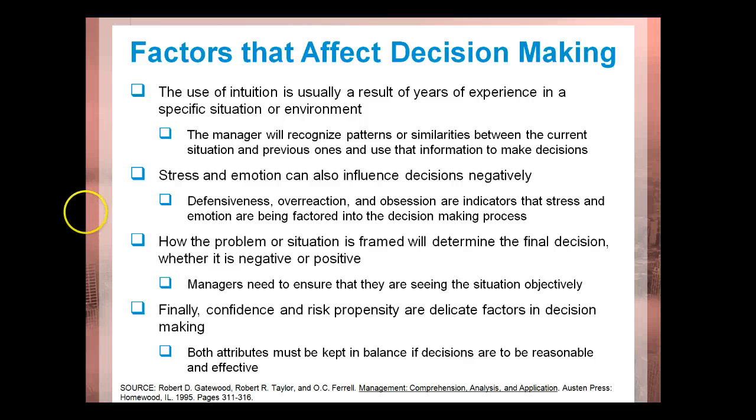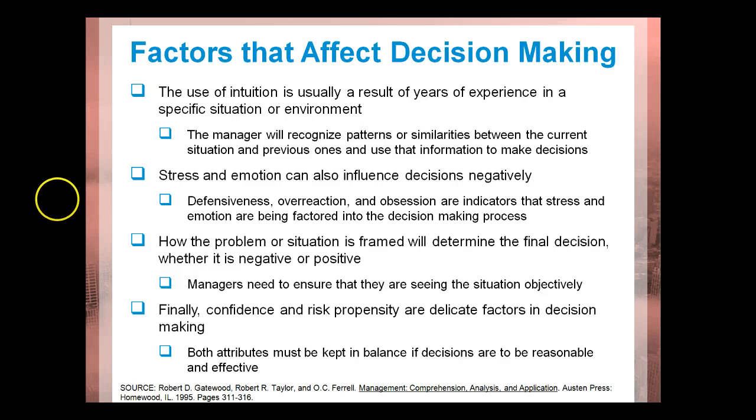So the things that are going to affect decision making, again, are really intuitive things. We're going to have to recognize whether or not the experience I have is sufficient. We're going to have to make certain that we can deal effectively with stress and the emotional aspect of it. We're humans. We feel, we get angry, we become afraid. So we've got to think about those things and how they can affect our decisions.